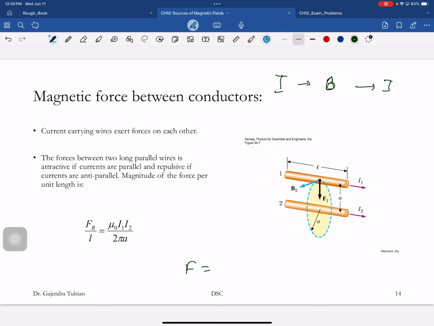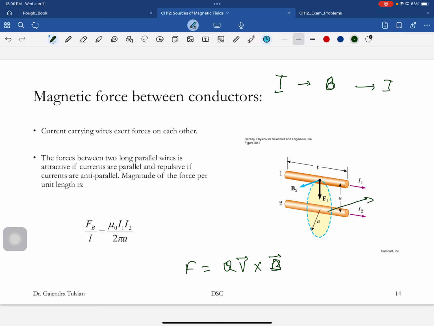The force on a moving charge is Q V cross B. So for this current, you stick your thumb out in the direction of the current and it produces a magnetic field. Your fingers point in the direction of the magnetic field. So this current will produce a magnetic field into the plane of the paper.